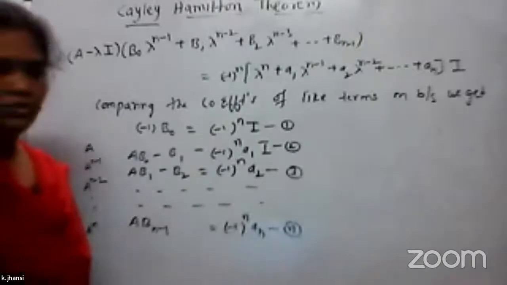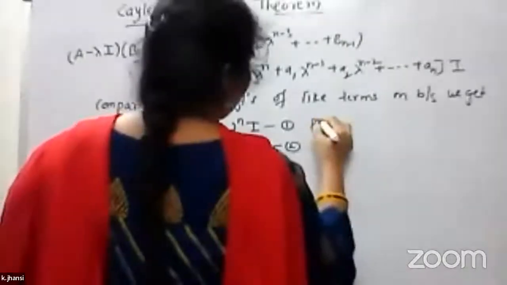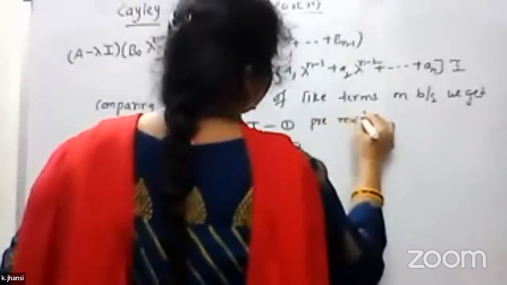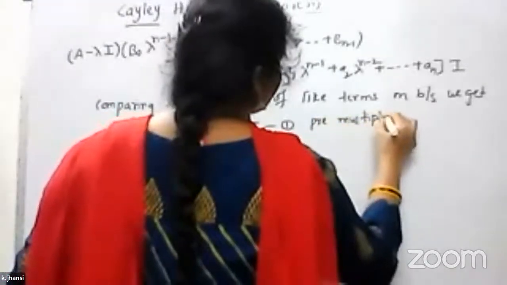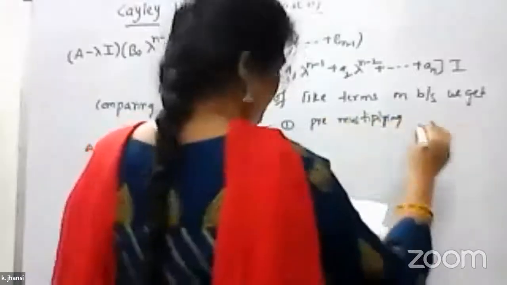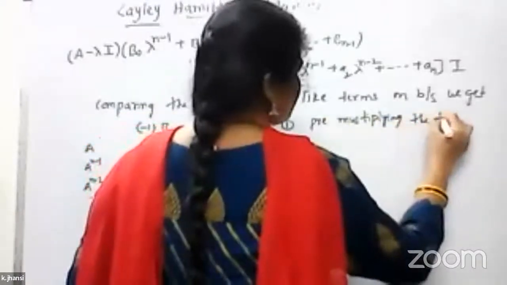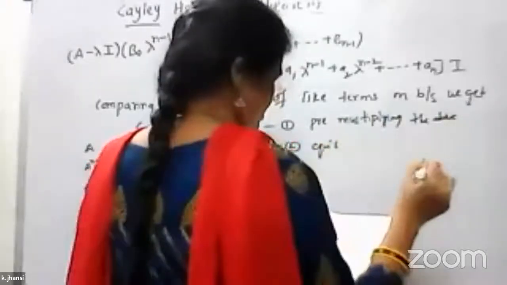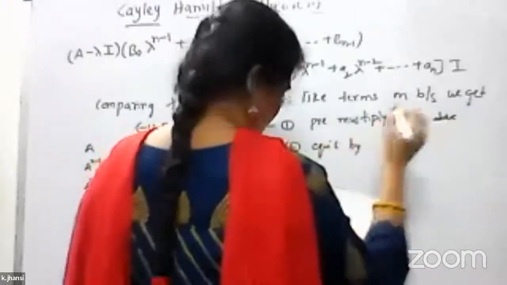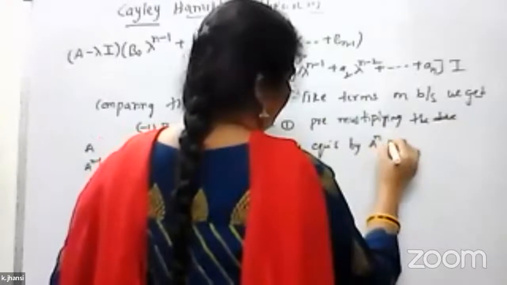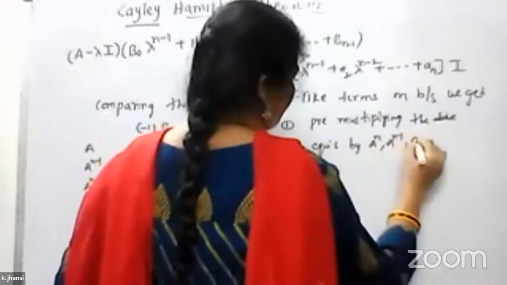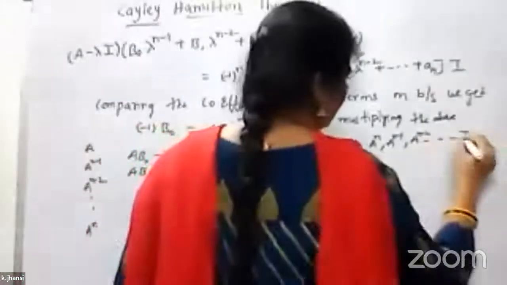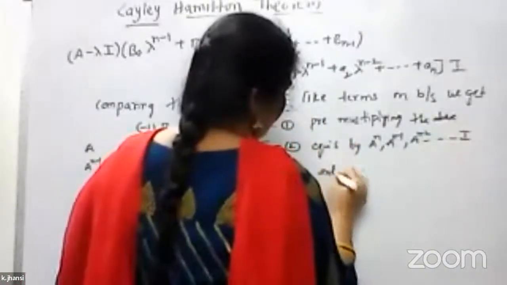Here you can write for these terms, pre-multiplying the above equations by a power n minus 1, a power n minus 2, so on up till I, and adding them.